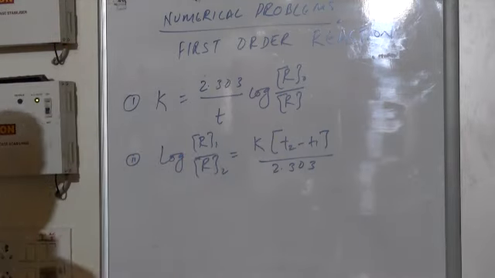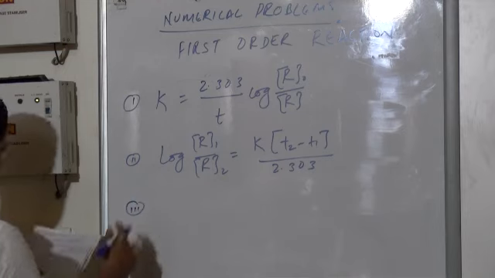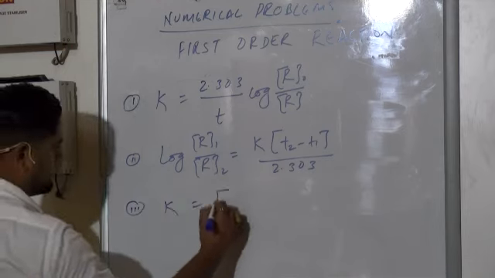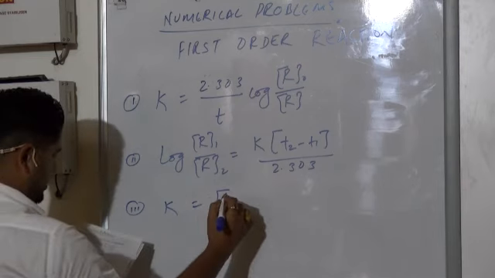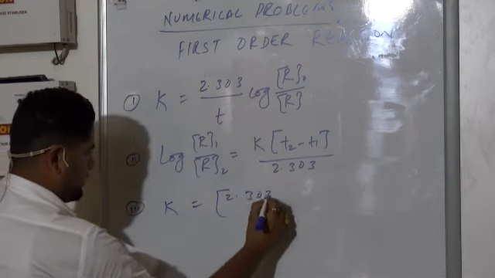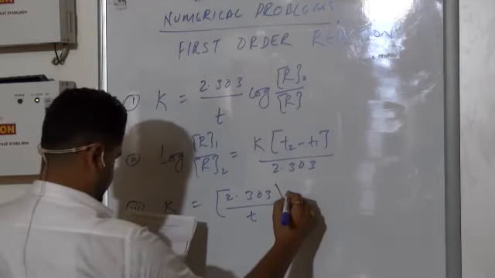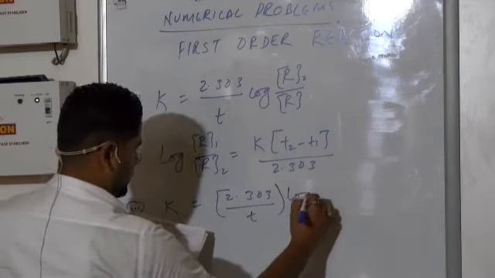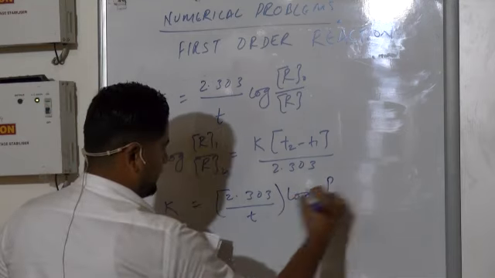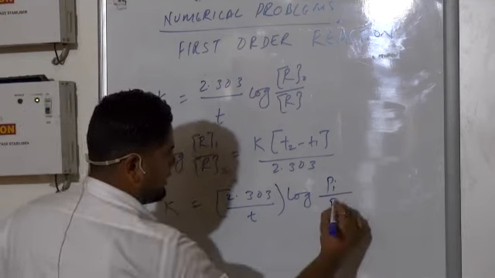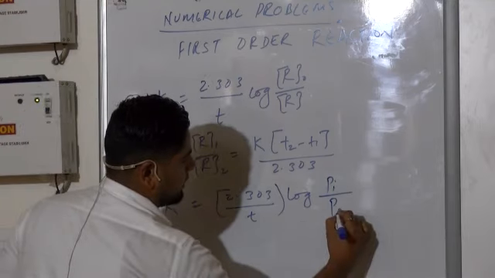And number three, we are going to use another expression, K is equal to 2.303 by T log of the initial partial pressure divided by the partial pressure of a given gas.